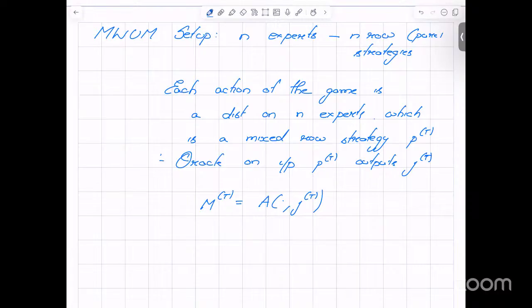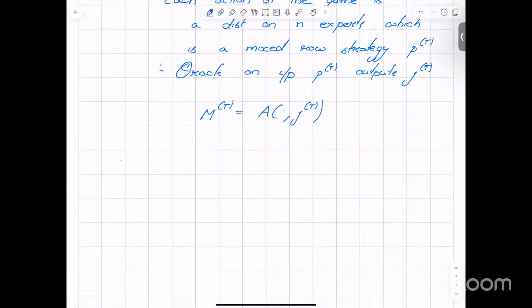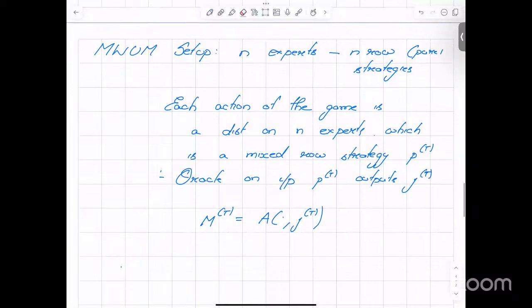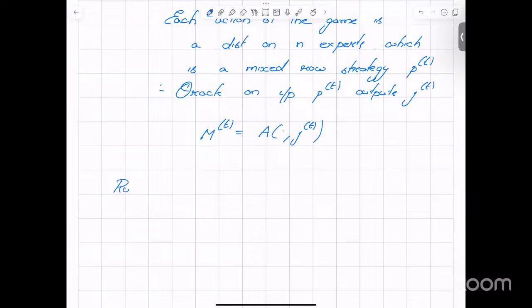So let's just run the game for capital T steps, with the above experts and cost vector.